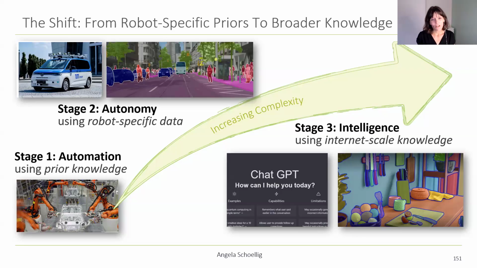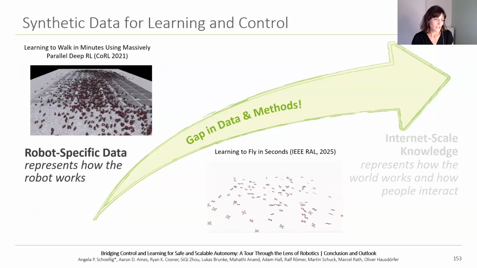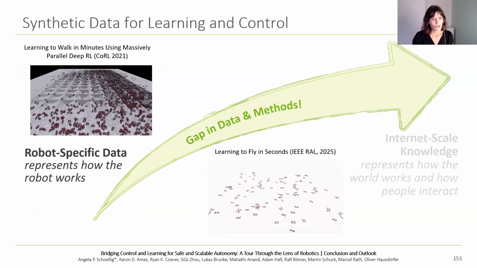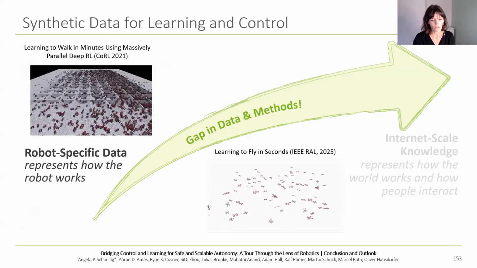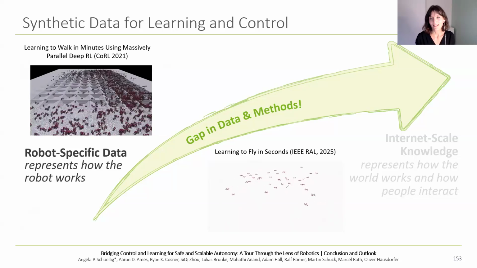And I guess we now see a big shift where we have internet-scale knowledge, such as language and image understanding, at our fingertips. And I think this is also an opportunity and a challenge for robotics and for control specifically. So if we zoom into how we bridge from robotics-specific data, which we have shown you, to this large-scale understanding of the world and large-scale data, one way to bridge this for robotics is that we also leverage synthetic data in the process, because we don't have cheap language data and image data is not enough, right?